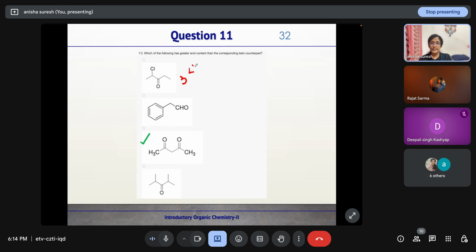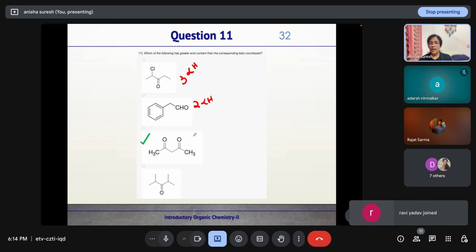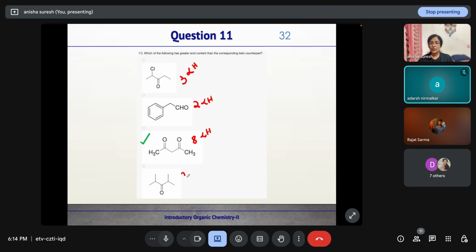In this case, 2 alpha hydrogens will be present. This is an aldehyde, so these 2 alpha hydrogens are present. In this case, how many alpha hydrogens are present? 8 alpha hydrogens are present. And in the last case, 2 alpha hydrogens are present.